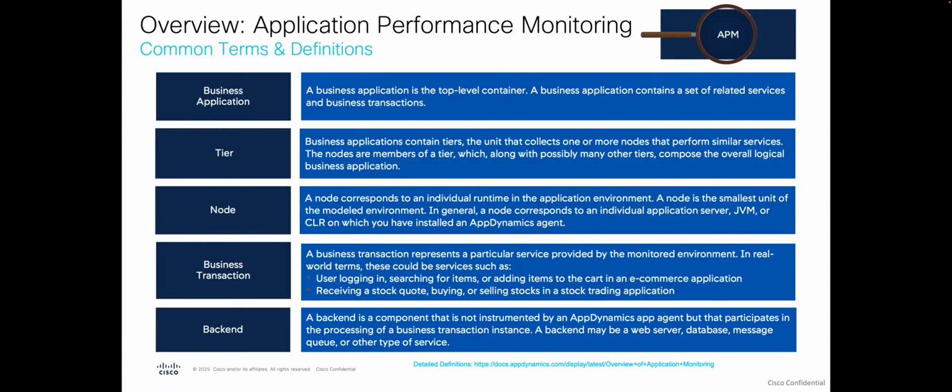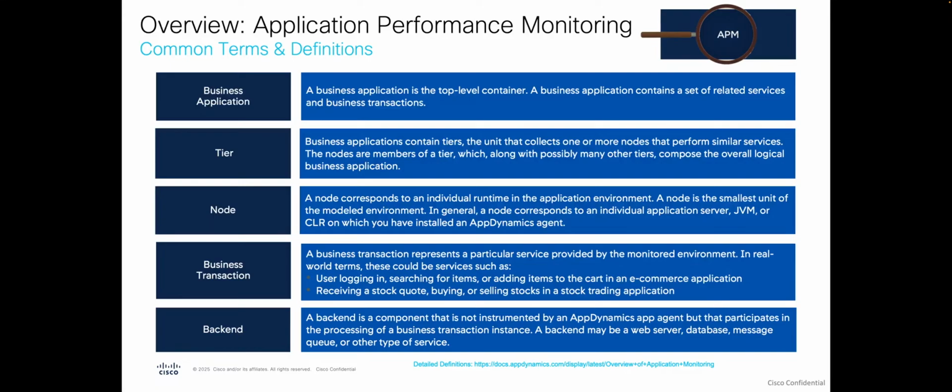Now, if you have a business application, the hierarchy at the top is the business application. Under that, you have a bunch of tiers within that application. Within each one of those tiers, you have a bunch of nodes, and then business transactions are traveling through all of those.